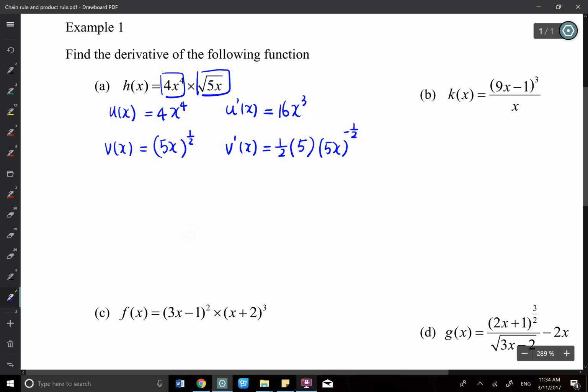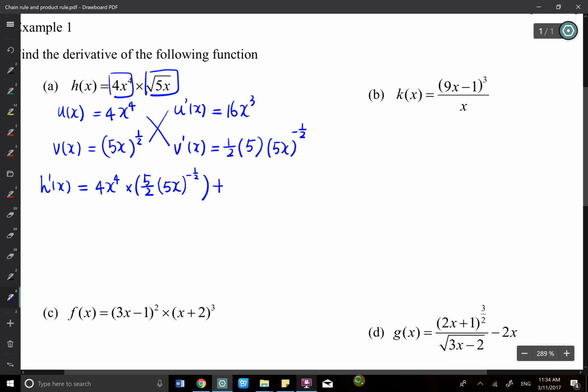Then we find the u(x), u'(x), v(x), and v'(x), and we cross multiply and add them together. So we have h'(x) equals 4x to the power of 4 times 5 on 2 times 5x to the power of negative half, and then plus the square root of 5x times 16x to the power of 3.